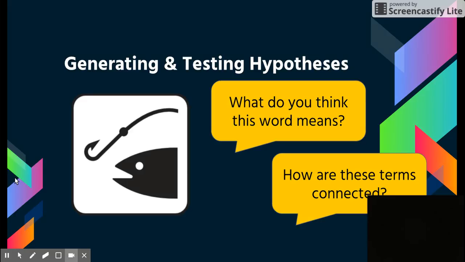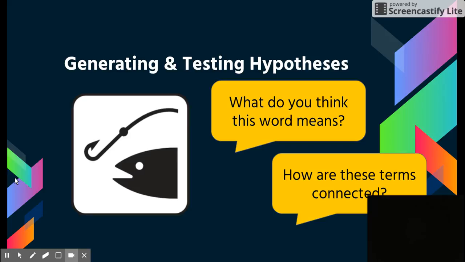So I could ask my students what they think a word means. For example, the word satellite, a lot of students don't know that the moon is a satellite of the Earth. So it's not something that's just man-made that we put into space to have our cell phones work.